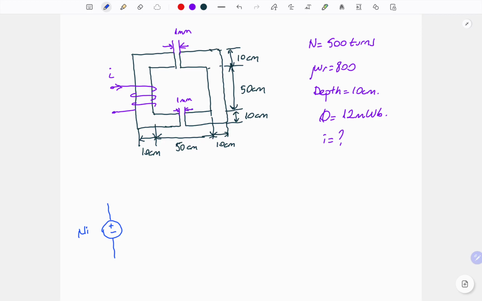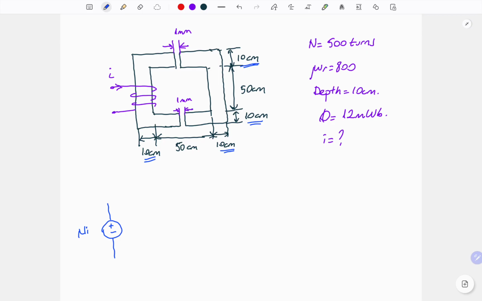Then we have to examine our circuit according to cross-sectional areas and the permeabilities. When we examine the figure, all the widths are equal to each other. They are 10 centimeters.